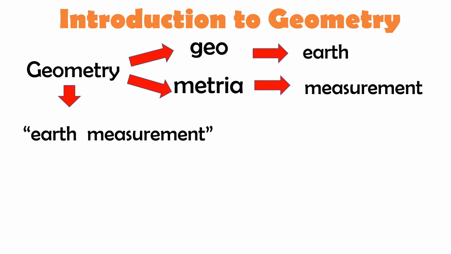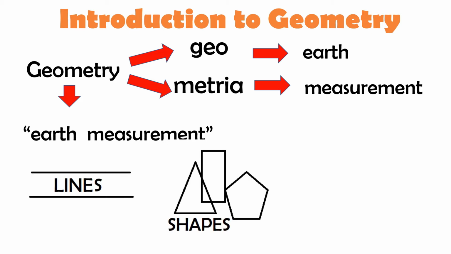We associate geometry with shapes like triangle, rectangle, or any flat surfaces. Out of these shapes, we have points, lines, and planes, which are the building blocks of geometry and are considered undefined terms.